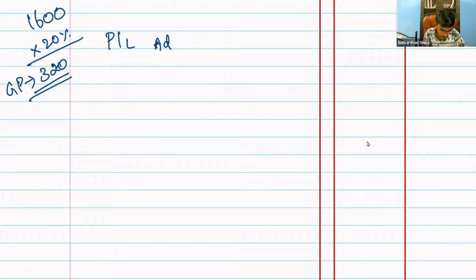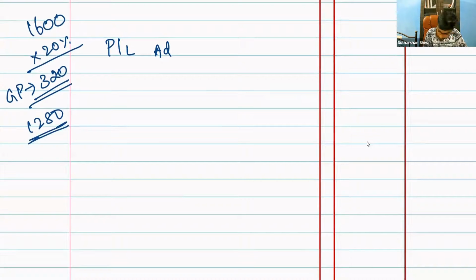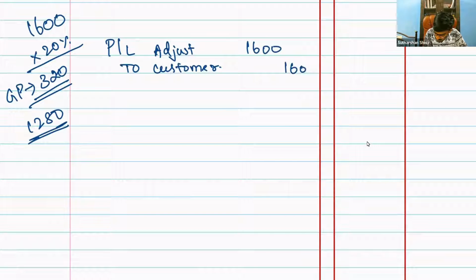From 1600, if you subtract 320, 1280 is the cost of the goods. So the entry will be P&L adjustment to customer account by passing 1600.